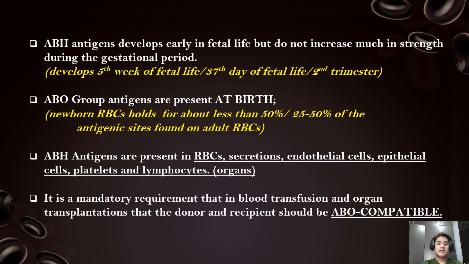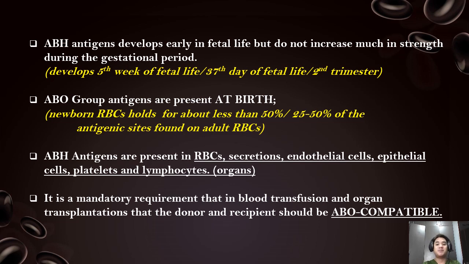Your red cell ABH antigens arise and develop as early as the 5th week of fetal life, or on the 37th day of fetal life, or during the second trimester of the gestational period, which means on your second trimester of the pregnancy. Remember that all these three items are correct. However, if they were all on separate choices during your board exams and none of the choices is all of the above, choose the letter corresponding to the 37th day of fetal life because this is the most definitive, specific, and non-range period bracket.